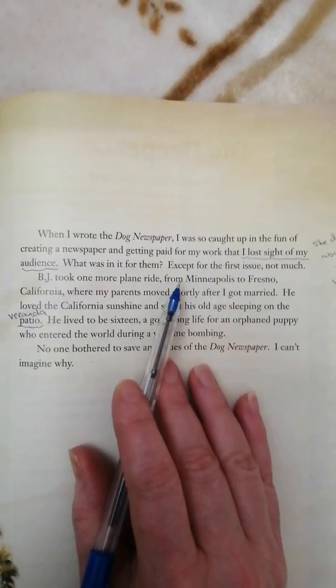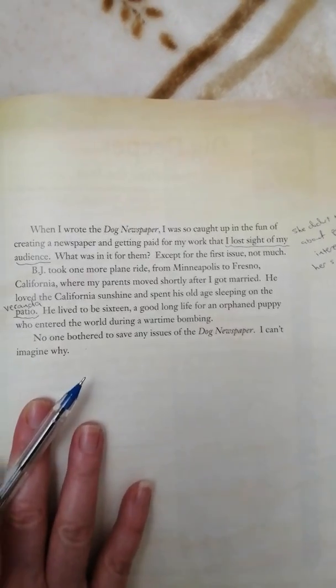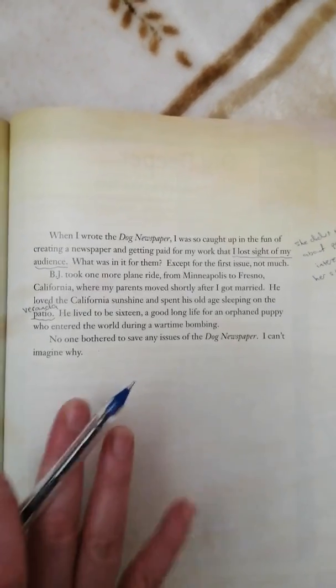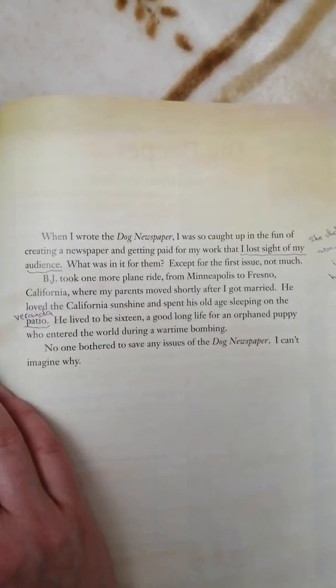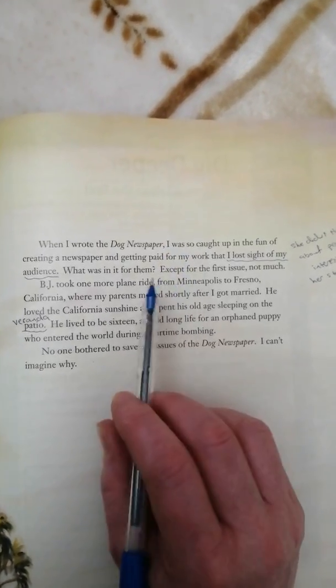But now, Peg, as we said, this is an autobiography. It's a real story about Peg's life when she was 10 years old and started writing her newspaper, only for 1 month because it's a weekly publication, and she was writing about BJ who lived with them all the time.